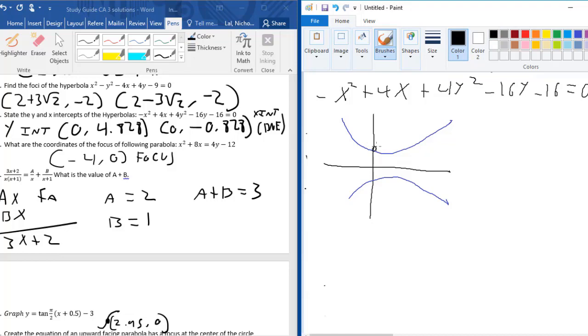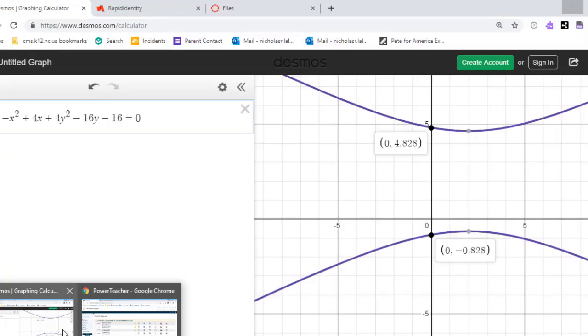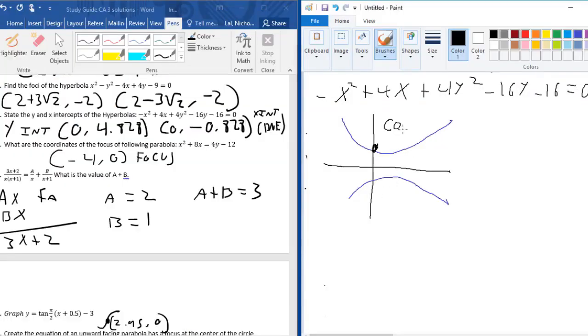So I'd have a y-intercept at 0, 4.828, and also at 0, negative 0.828, and those are my two solutions, so that's what I do to show my work.